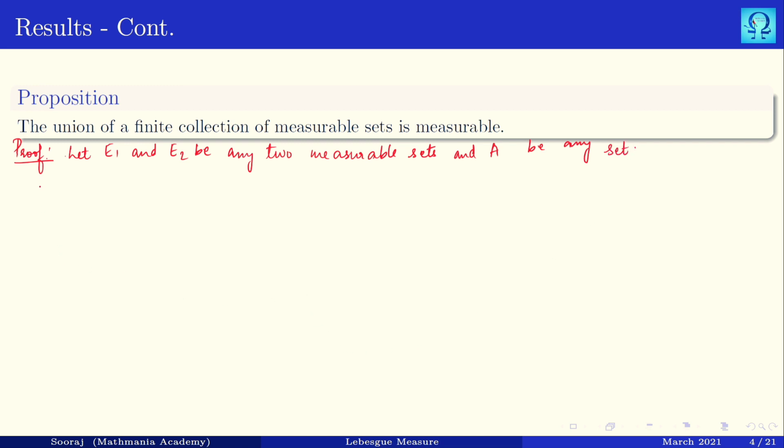Now I am going to make use of the measurability of E2. Since E2 is measurable, we write outer measure of A intersection E1 complement.